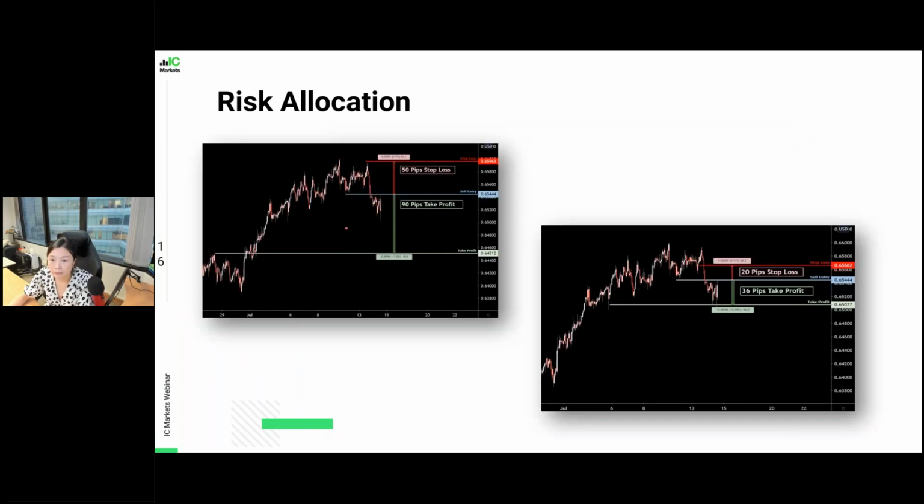Given this situation, scenario A and scenario B. Scenario A: 50 pip stop loss and 90 pip take profit, versus scenario B: 20 pip stop loss and 36 pip take profit. Which one do I make more? Can any of you guess?